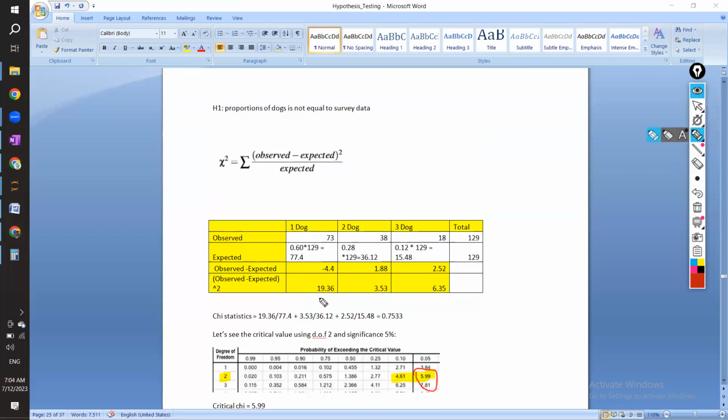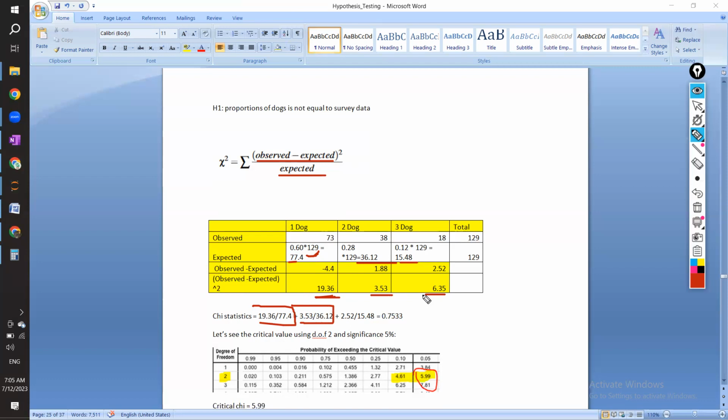So the square needs to be divided by the expected value, which is 77.4 for the first. So it is 19.36 by 77.4. Again the square by expected: 3.24 by 36.2. Then 6.76 by 15.4.